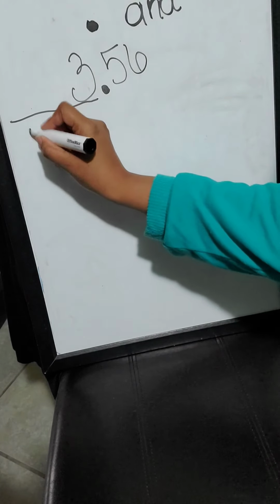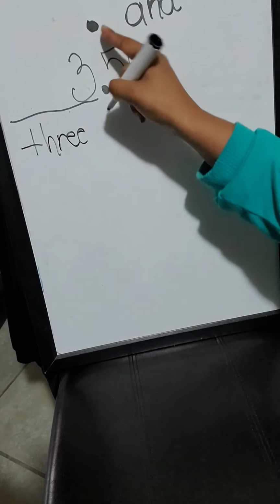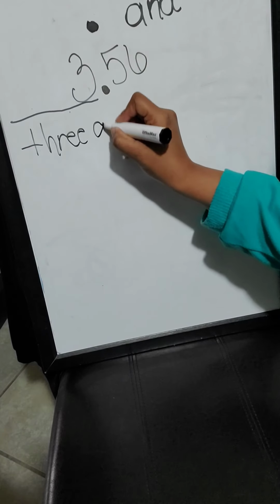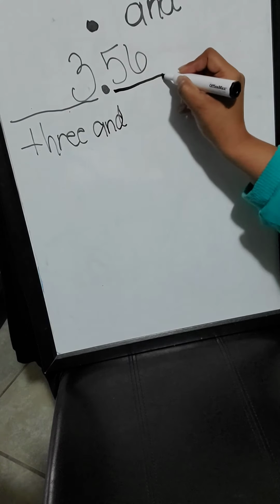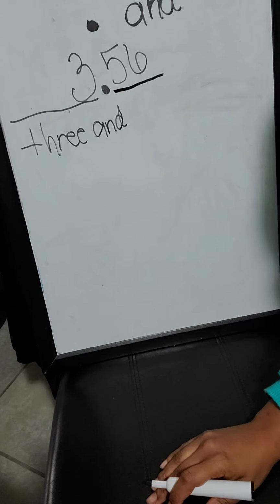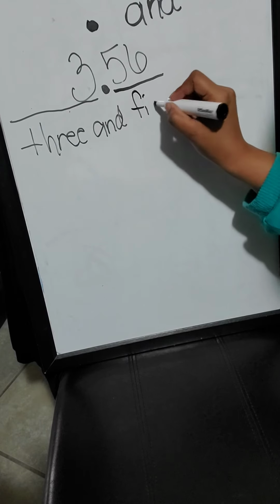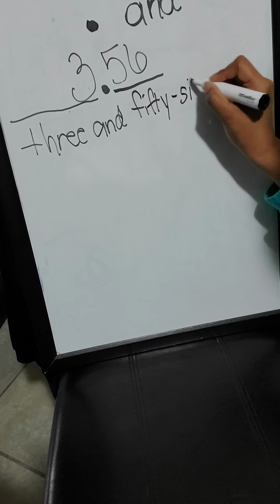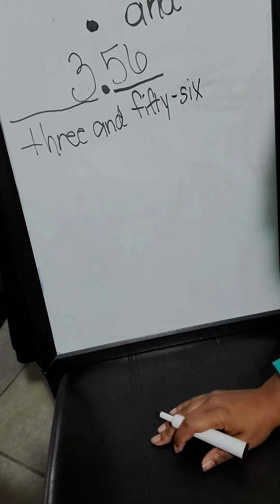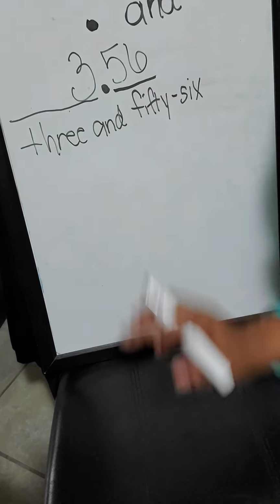you read all of the numbers on the left side just as we would say regular numbers, which will be, this one will be 3. The decimal word means and, then you look at this number as a 2-digit number. Right now we see 56, so we will write 56, and then you always use the place value when you're dealing with decimal numbers.